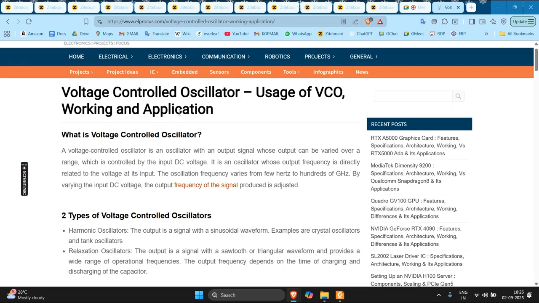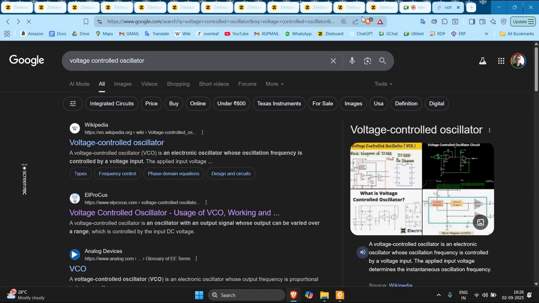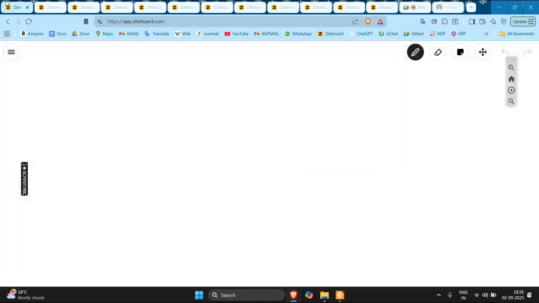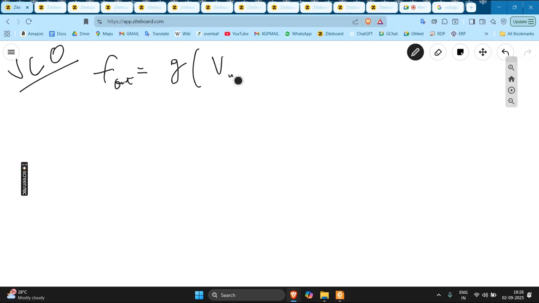By giving an input voltage, you can directly control the frequency of oscillation of the output. For a VCO, the output frequency F out is a function G of the input voltage. This is the characteristic function of a VCO.